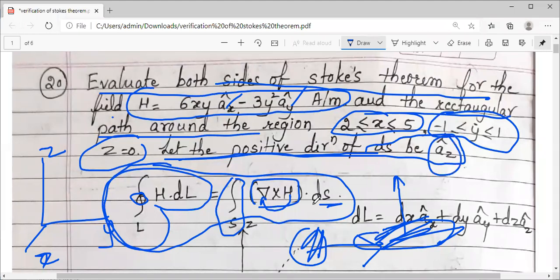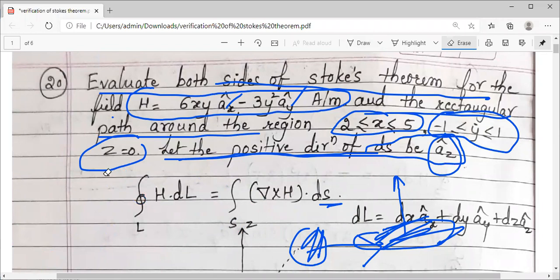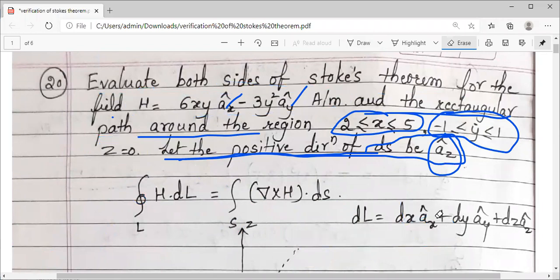So that direction is given, and it is very obvious. If you draw a surface on the floor here, the surface vector direction will be along AZ. It can be positive or negative. Here they have given the positive value, so assume it to be plus AZ.